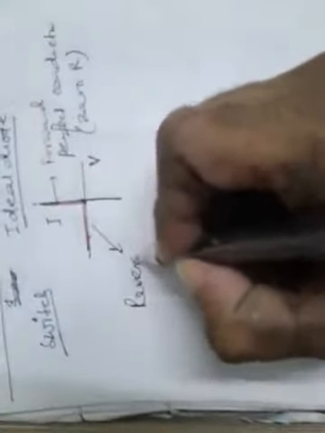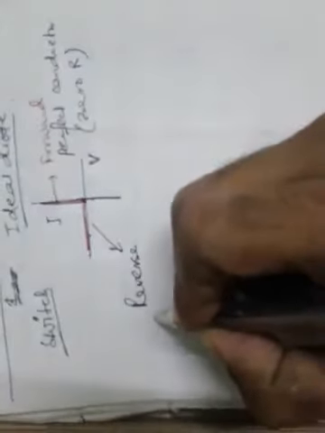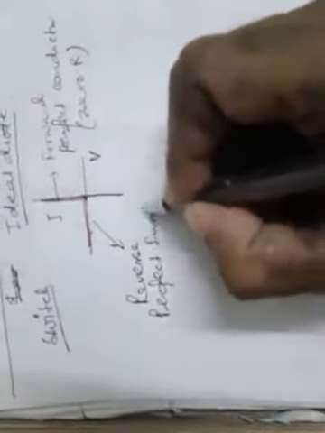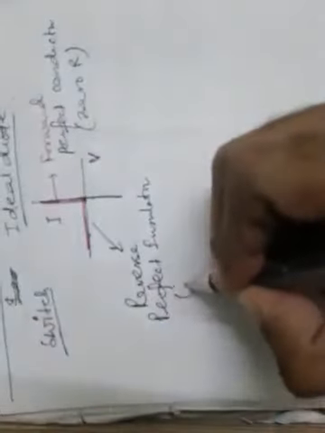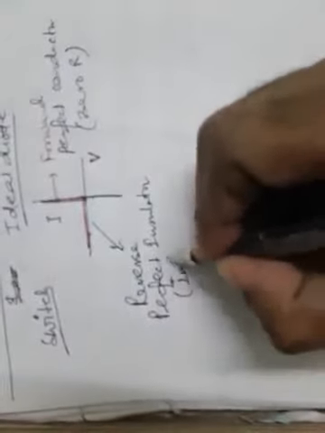So in forward direction, like a perfect conductor with zero resistance, and in the reverse direction it will conduct like a perfect insulator with infinite resistance.